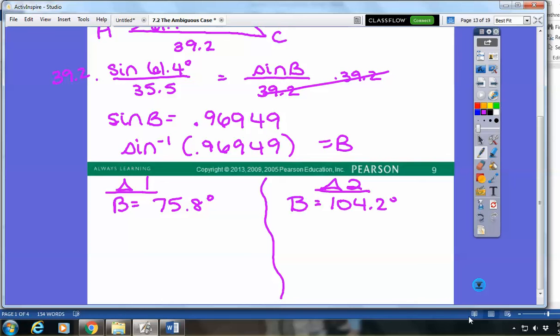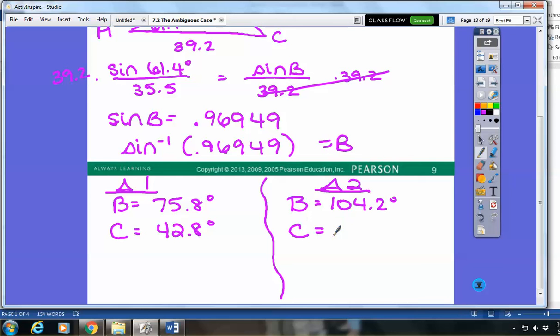Okay, so we know it's not no solution. We got that on the first problem. This one we have 2. Right now we need to check to make sure this is possible. So let's find our third angle. If you have 2 angles, how do you get the third? Subtract from 180. So I need to do 180 minus 75.8 minus my original angle A, which was 61.4. We get 42.8 degrees.